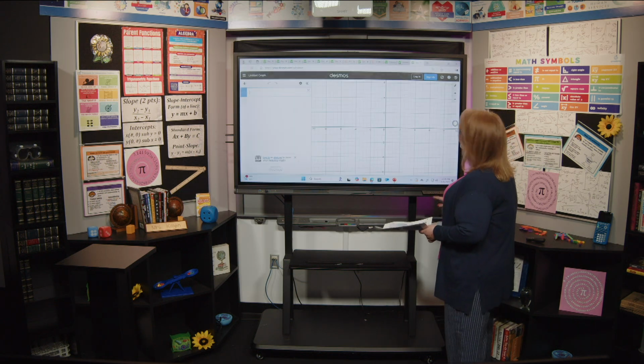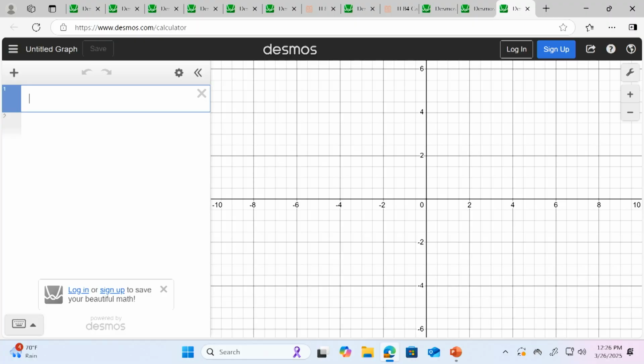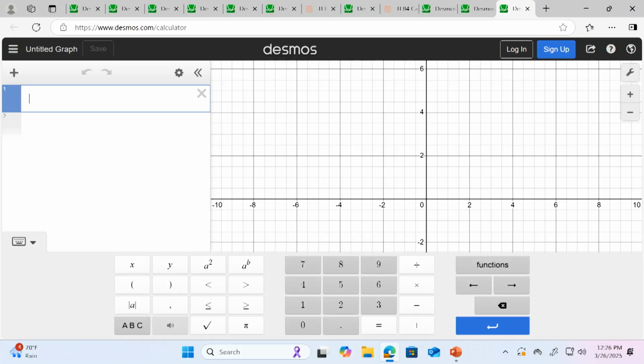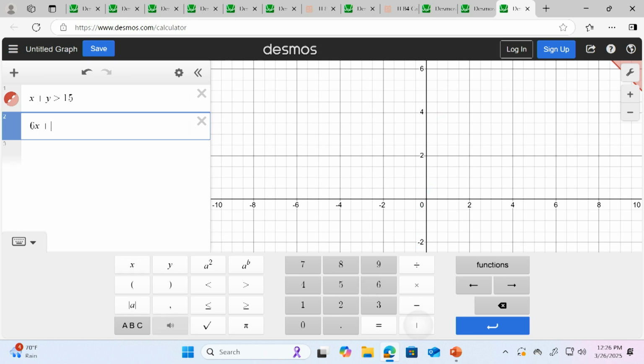Since I can't do F and A, I'm going to do X and Y, fan fiction being my X, anime being my Y. So X plus Y has to be greater than or equal to 15. Now I'm going to do my money. 6X plus 10Y has to be less than or equal to 200.